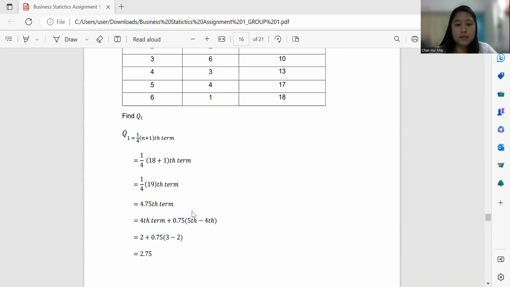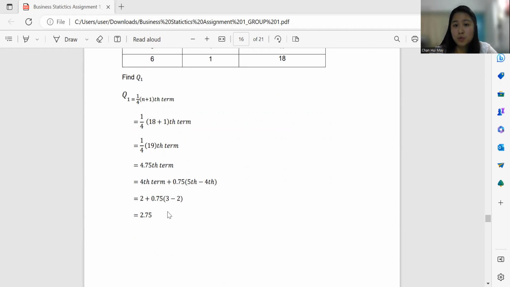For this one, it is a little different compared with the continuous data. If I get the 4.75th term, I need to use the fourth term plus 0.75 times (the fifth term minus the fourth term). So I will get Q1 is 2.75.